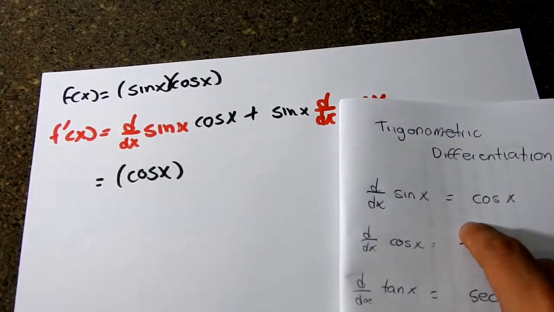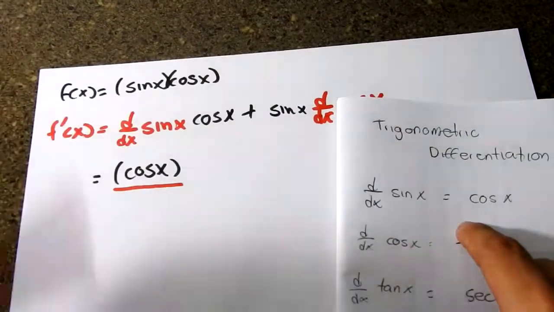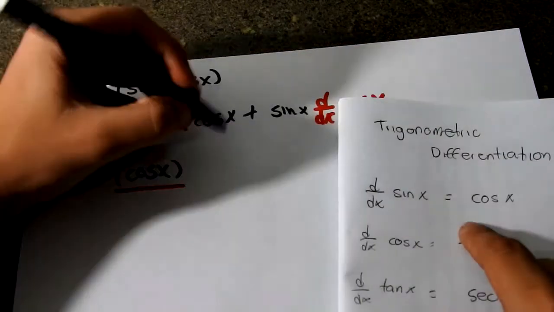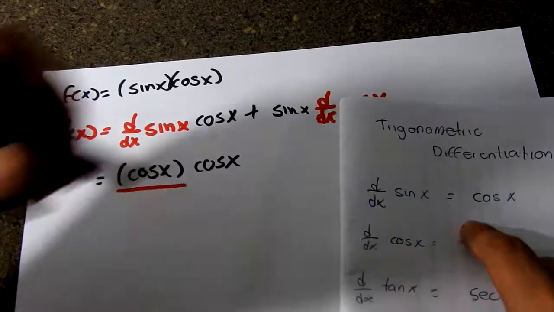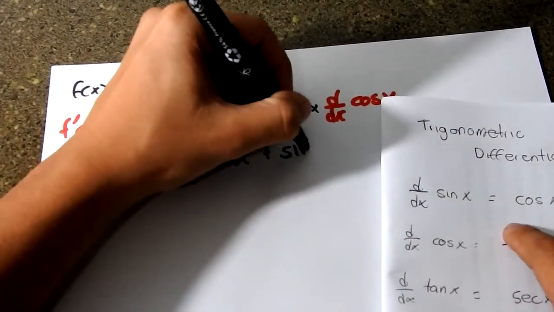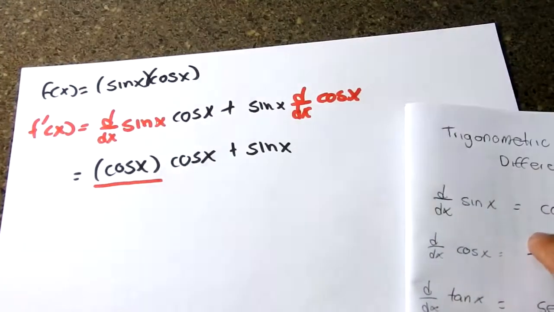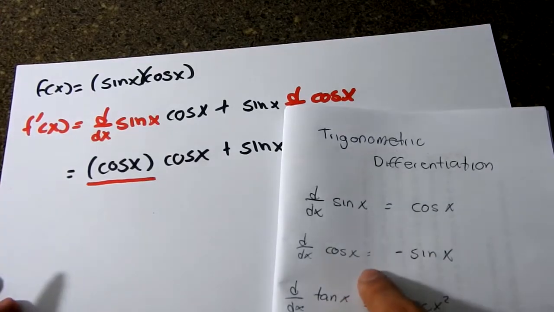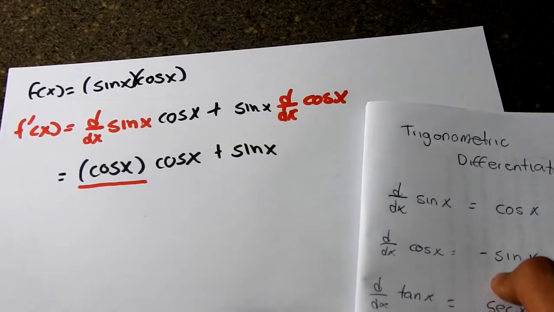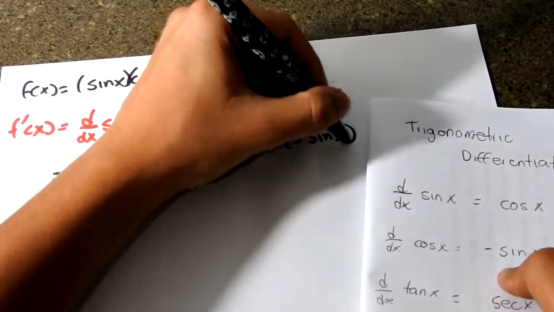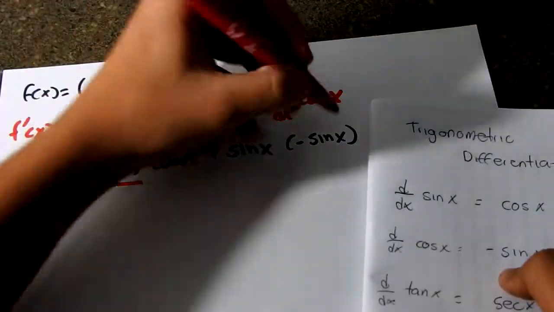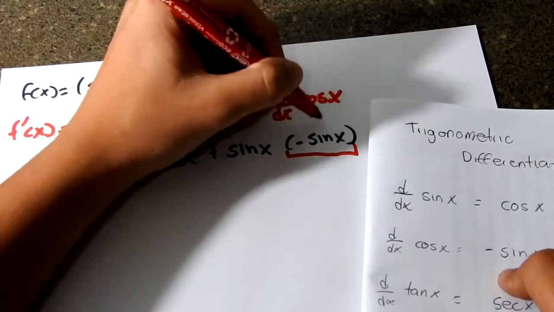I should mark that in red, indicating that's the derivative. And then we have cosine x plus sine x times the derivative of cosine x, we know that is minus sine x. So we're going to have minus sine x. And this is the derivative of this one.